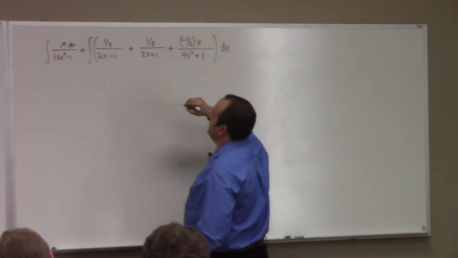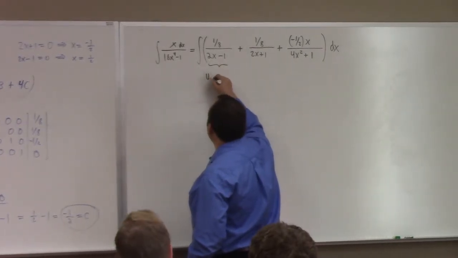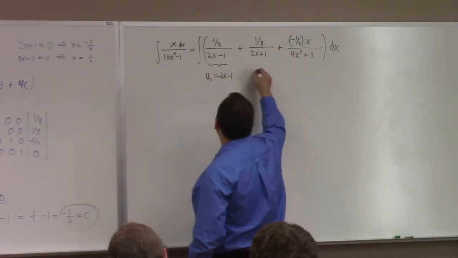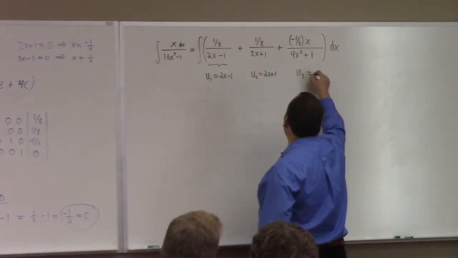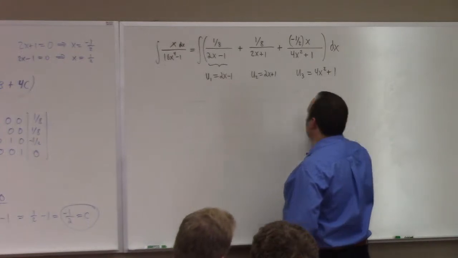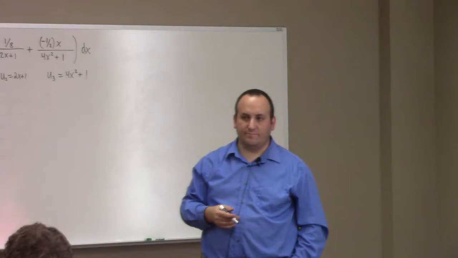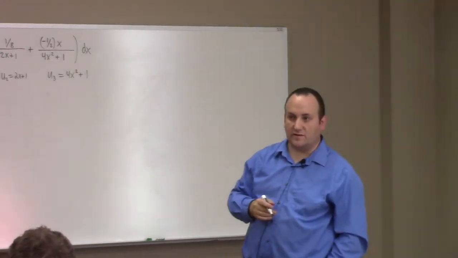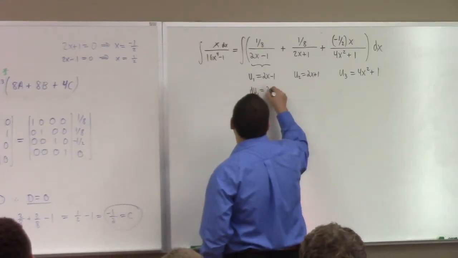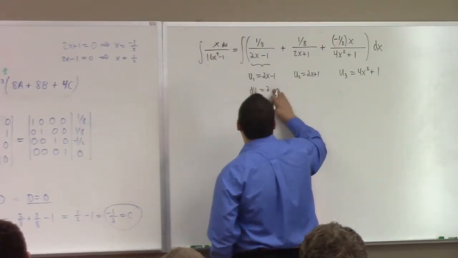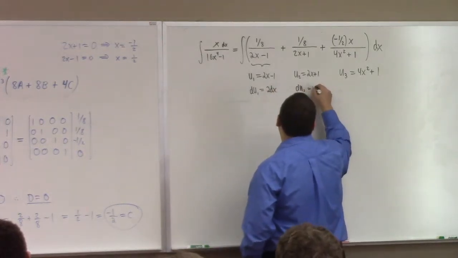Sometimes. So let's make u1 equal to 2x minus 1. Let's make u2 equal to 2x plus 1. Let's make u3 equal to 4x squared plus 1. We need to make 3 separate, but kind of similar, u substitutions here. What's du1 then? 2 dx, right? What's du2? 2 dx.